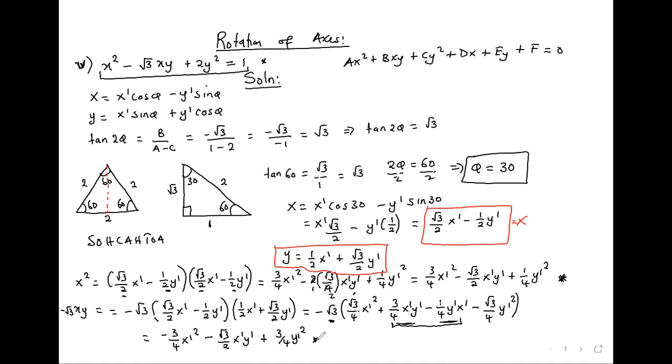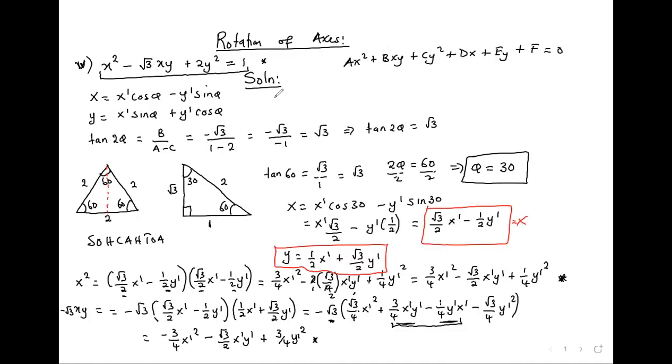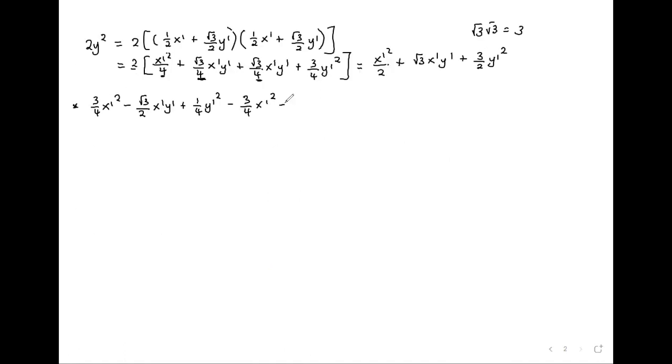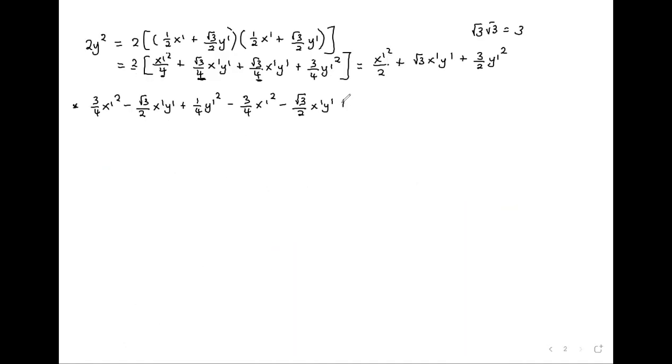Then we come to the next one: minus 3 over 4 x prime squared, and then minus root 3 over 2 x prime y prime, and then plus 3 over 4 y prime squared.